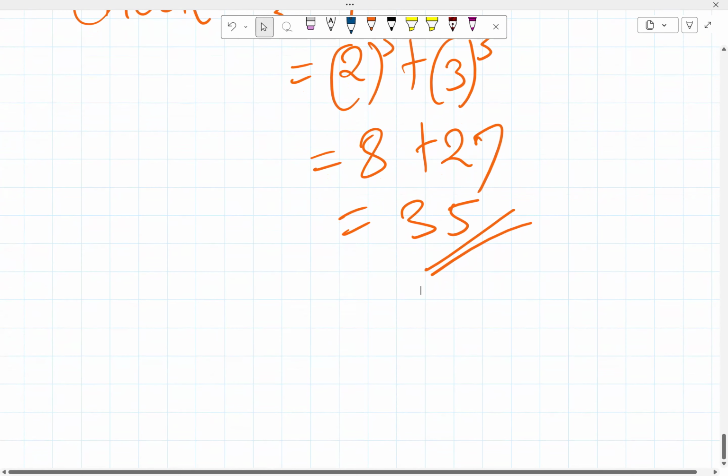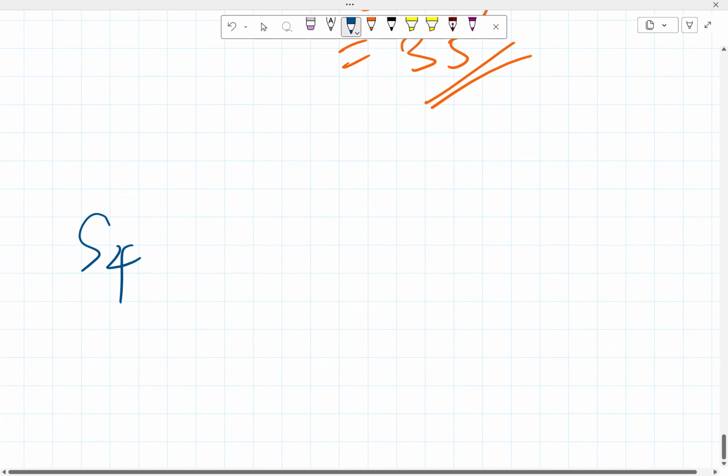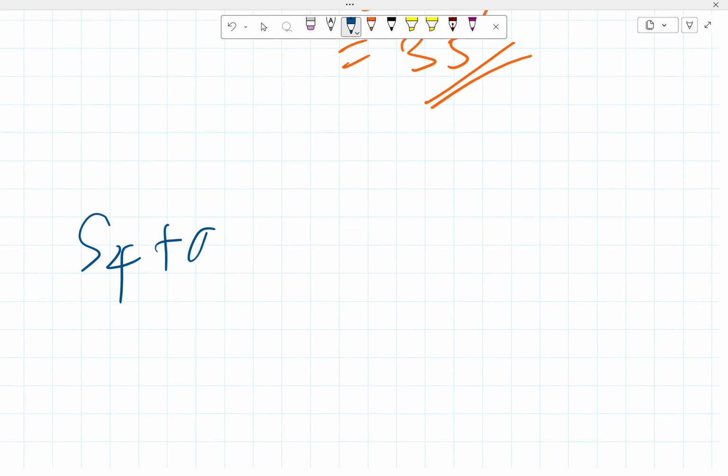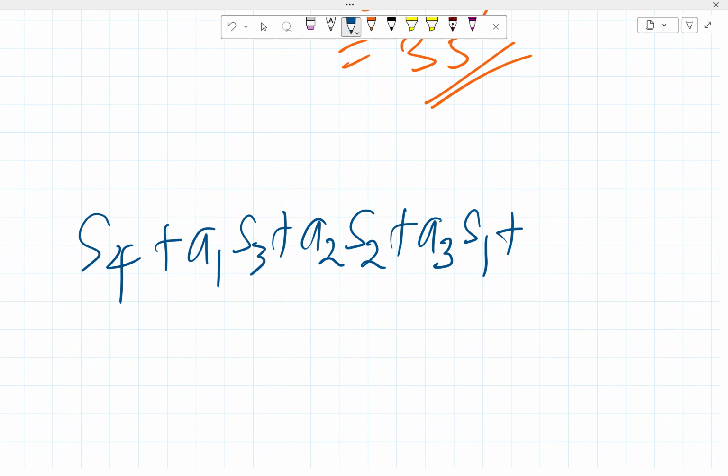Maybe I should even push. Let me still go for S4. I'm excited right now. So S4 plus A1 S3 plus A2 S2 plus A3 S1 plus 4A4 equals 0.